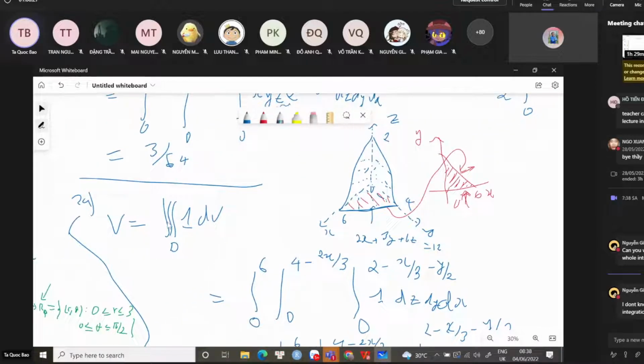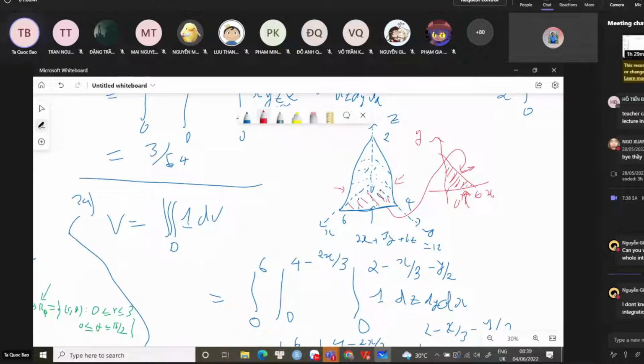So question 2A, do you understand? Remember in 3 dimensions, you access from the 3 directions.